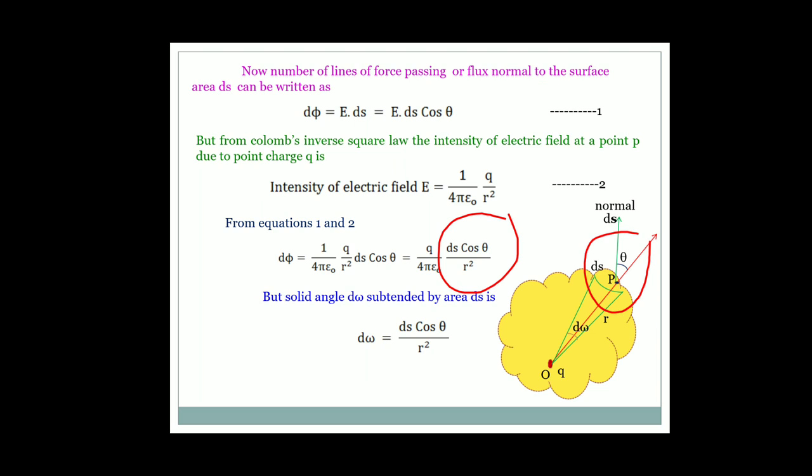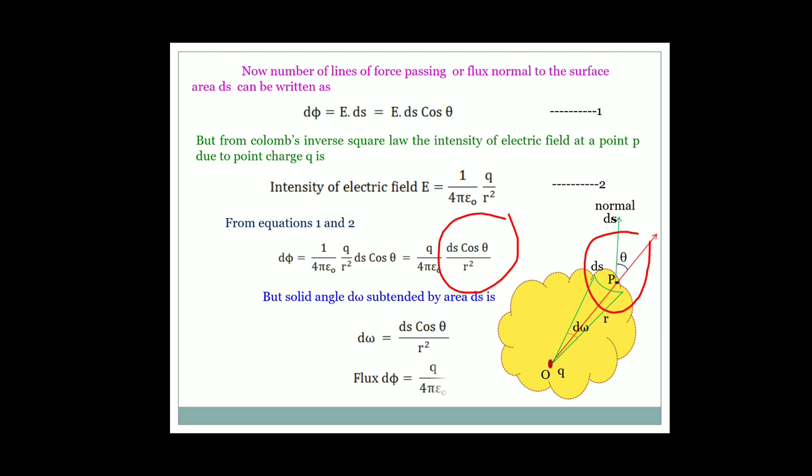A plane angle is the angle between two lines in a two-dimensional plane. Solid angle belongs to three dimensions. The solid angle subtended by area ds at some origin O can be written as d omega equal to ds cos theta by r square.